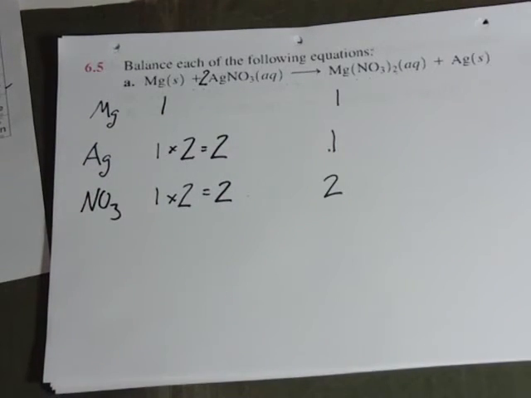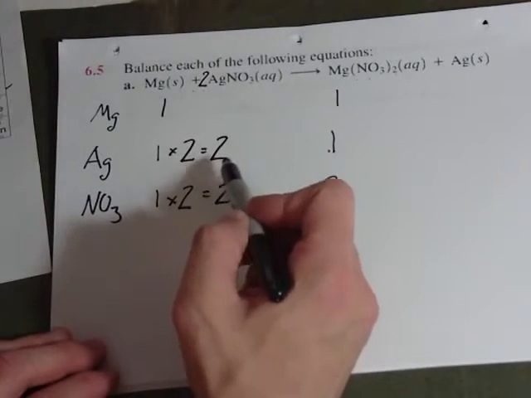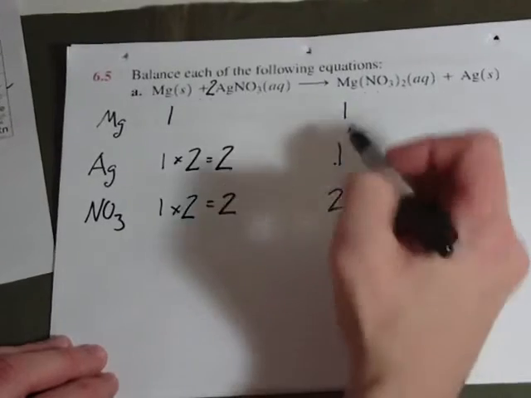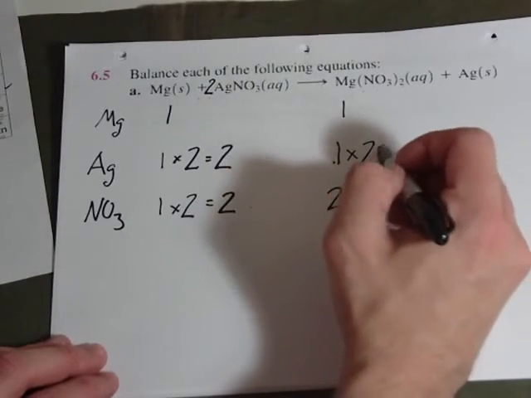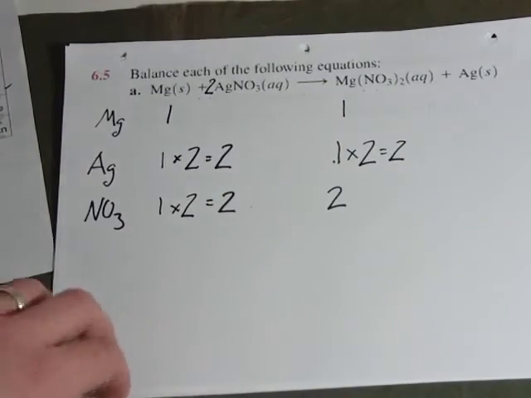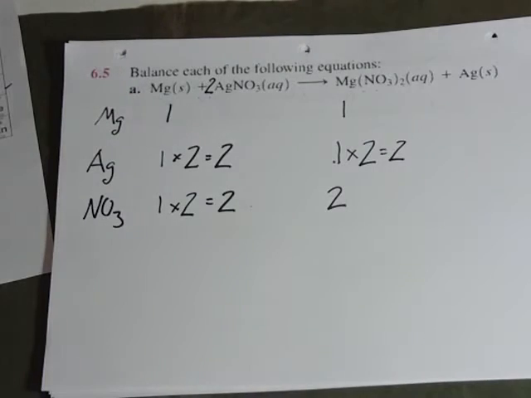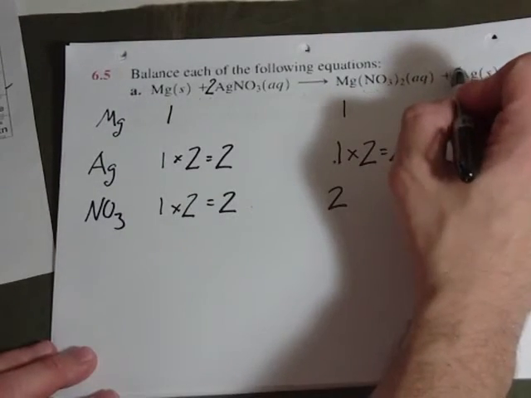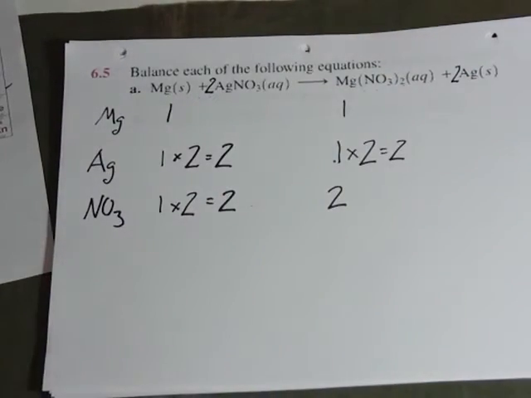Now we have an inequality with the silvers: 2 in the reactants, only 1 in the product. So we need to multiply this by 2 to get it to equal 2. To do that, we put a 2 in front of where we see silver, 2Ag.